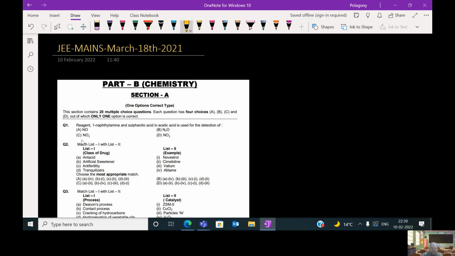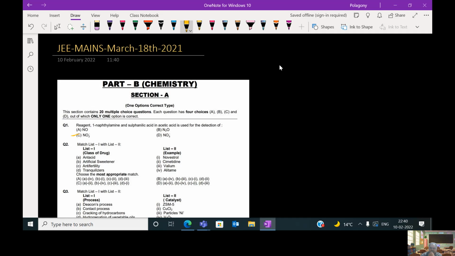Out of the 4 options, it can be tested for the nitrite ion, not for the nitrate. Why is nitrite ion most suitable for this question?